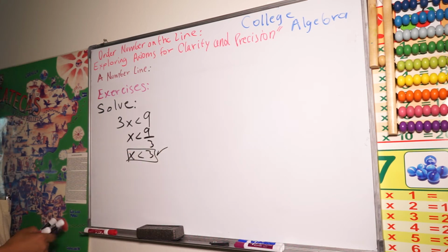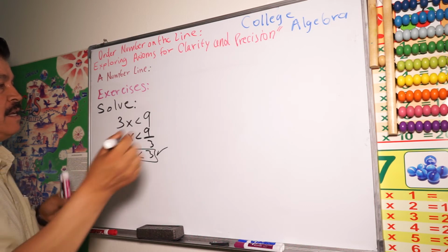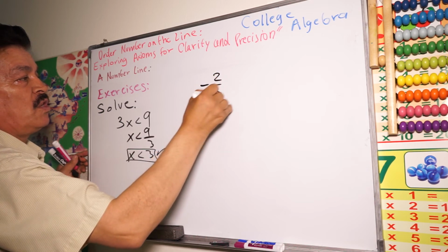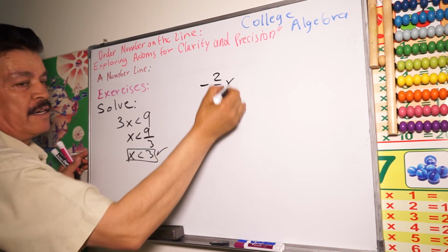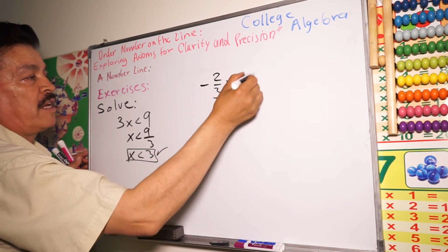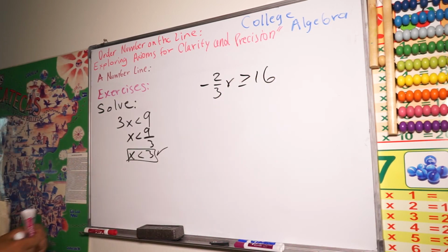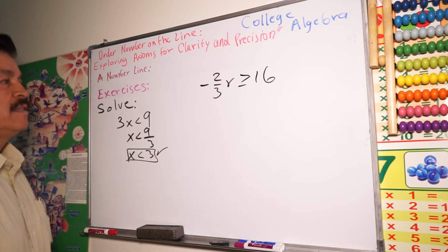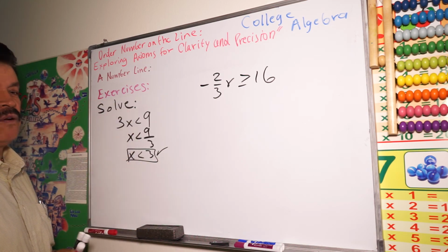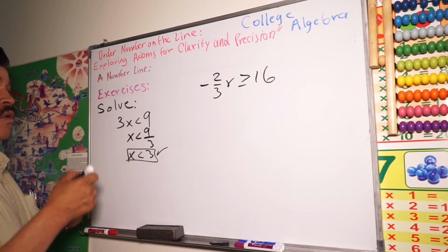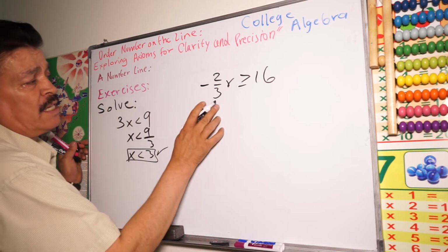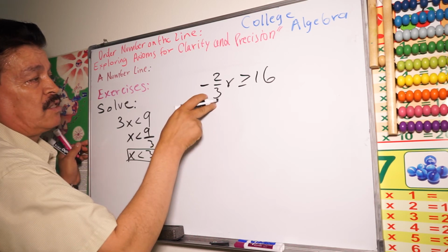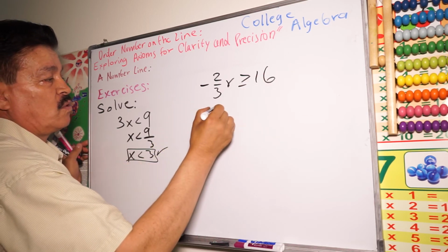Let's solve another one. Let's write right here, for example, minus 2/3 r greater or equal than 16. Look at this problem. That's something we have to remember from Algebra 1, from a long time ago. This number is multiplying here, so you must change it over there to dividing.